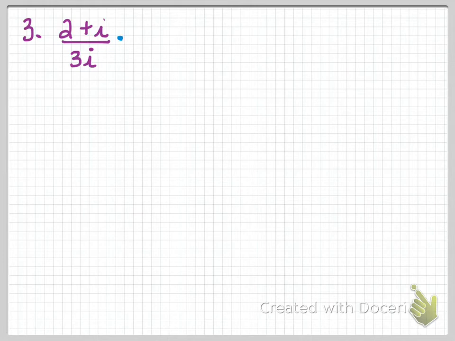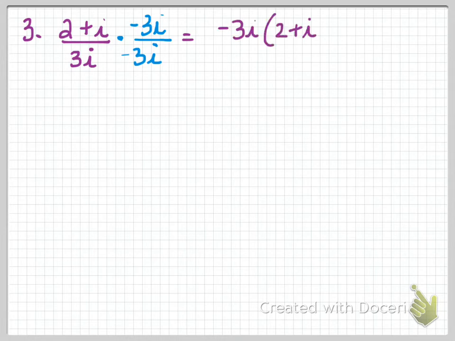So we'll multiply both the top and the bottom by negative 3i, because negative 3i is the conjugate of positive 3i. So this goes to negative 3i times 2 plus i over 3i times negative 3i.